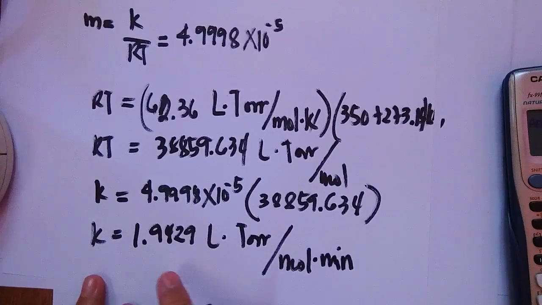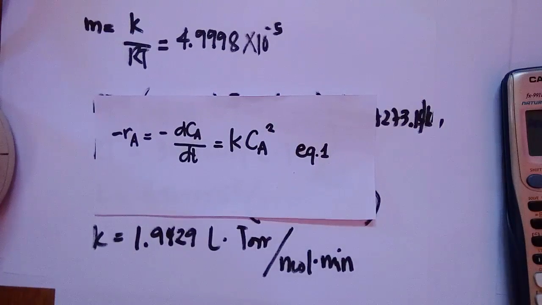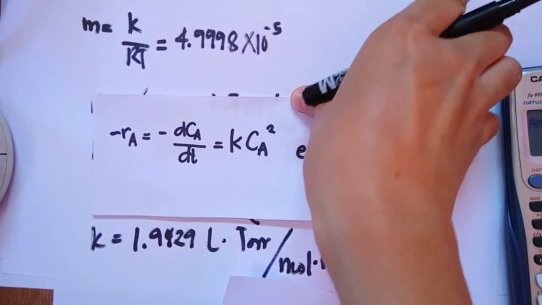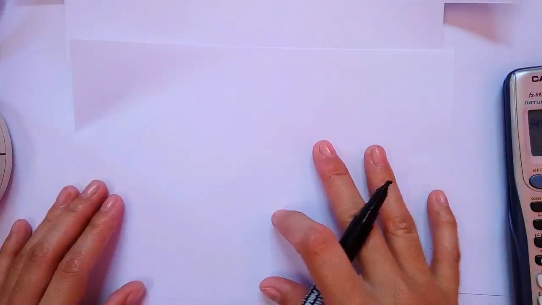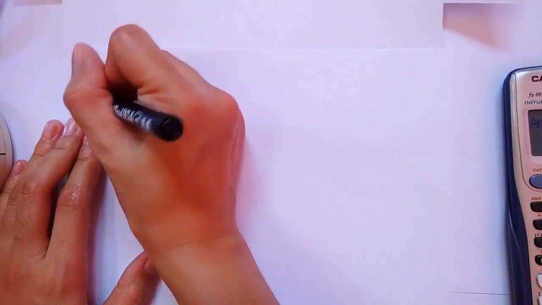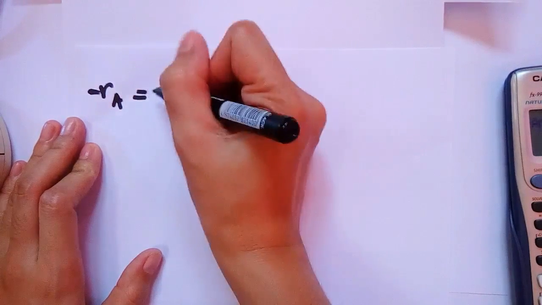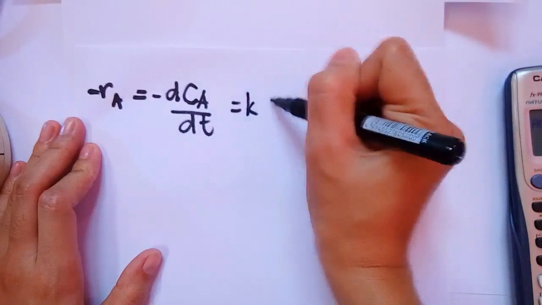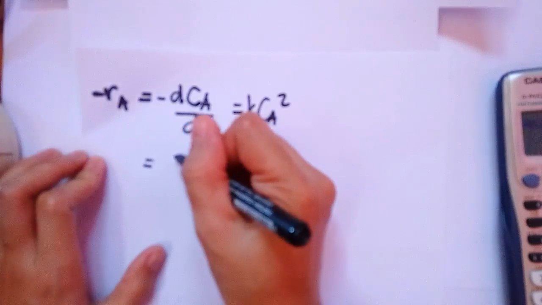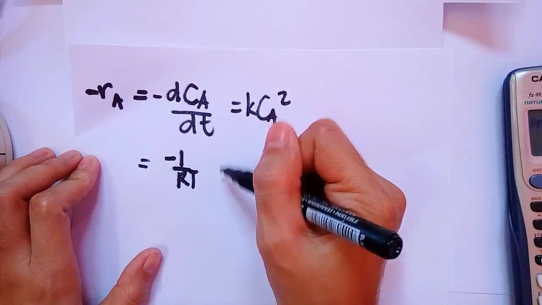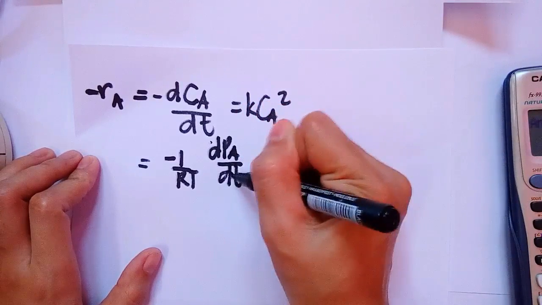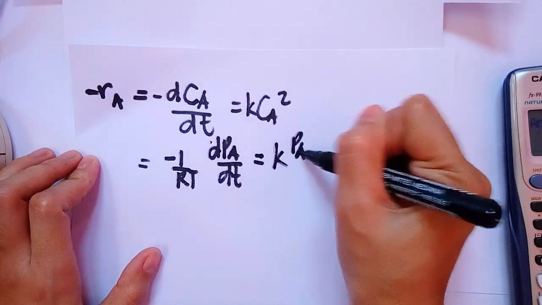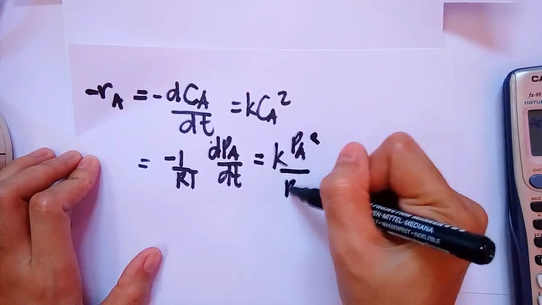Now substituting our k into our equation 1, we now have negative rA equals negative dCA over dt equals k CA squared, or this is equal to negative 1 over RT times dPA over dt equals k PA squared over RT squared.